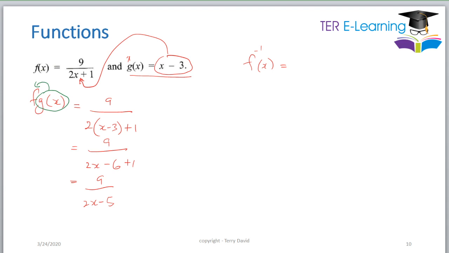Alright, so I'm just waiting to at least see one answer before I work it out for the inverse. Alright, so I'm seeing an answer there. The 9 over 2y minus 1. But the only problem is, remember your inverse function should have x in it, not y.